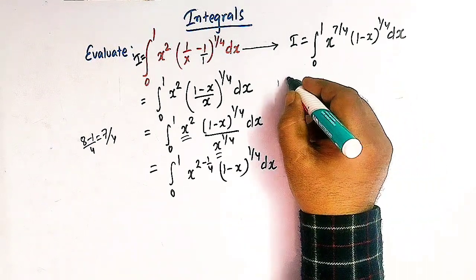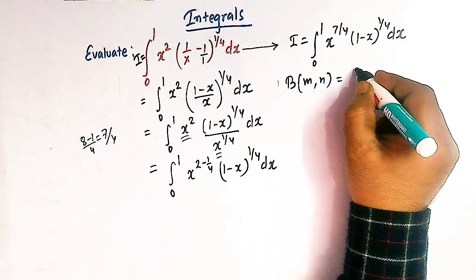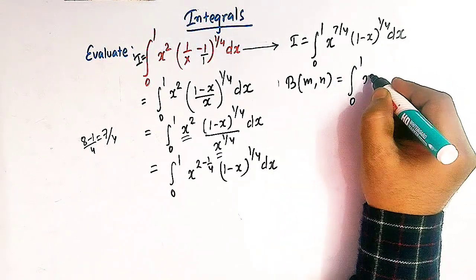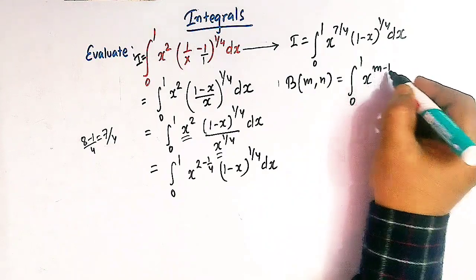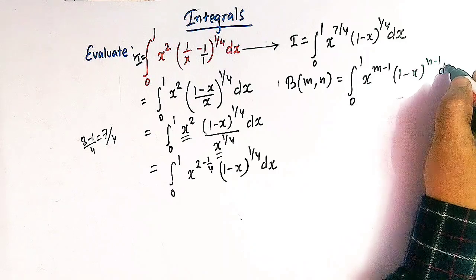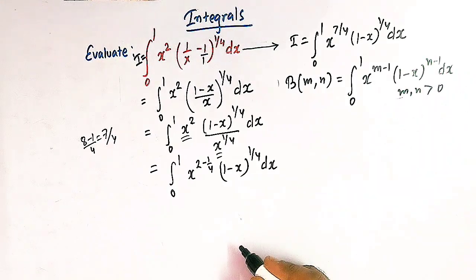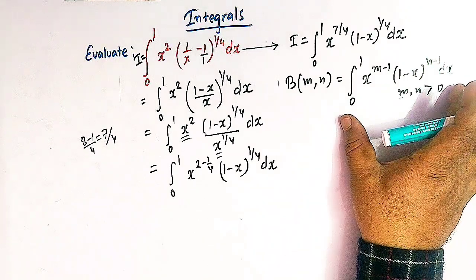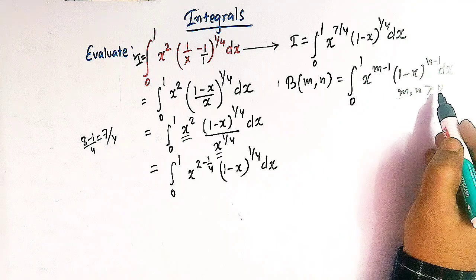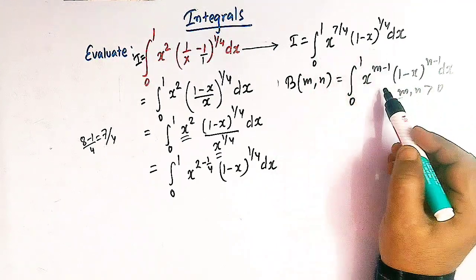The beta function is defined as beta of m comma n, given by this integral, 0 to 1, x raised to m minus 1 times (1 minus x) raised to n minus 1 dx, where m and n are greater than 0, right? So this integral is known as the beta function, and here m and n are positive numbers. So we'll express this integral like this.